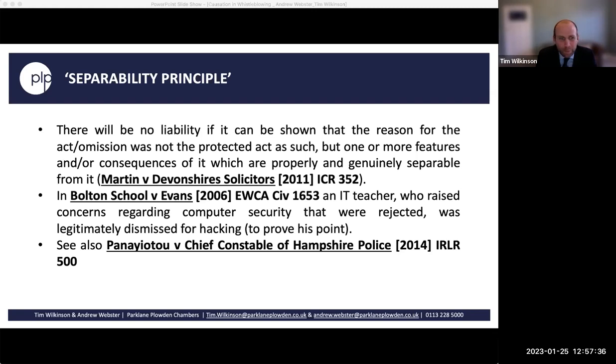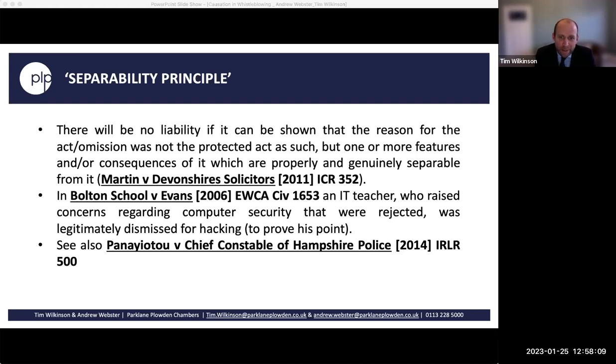The case of Panayiotou and Chief Constable of Hampshire Police: a number of disclosures were made, but the claimant went beyond those disclosures and thereafter campaigned, what the tribunal described as relentlessly, for action that he thought was necessary on the back of those disclosures. He believed in cover-ups and he sought support from his colleagues in relation to the campaigns or the action that he wanted. And it led to a situation that the tribunal described as completely unmanageable.